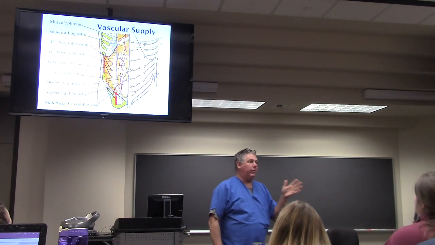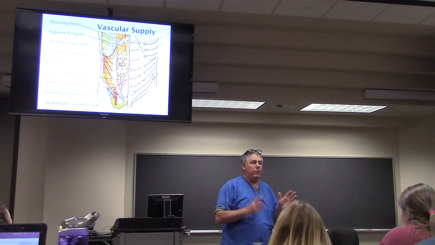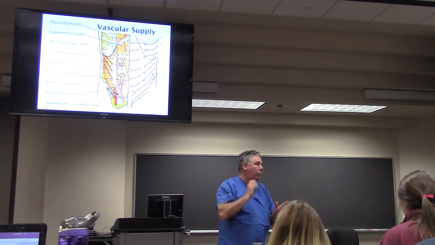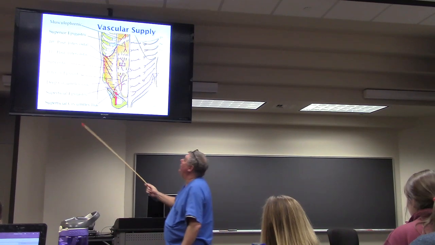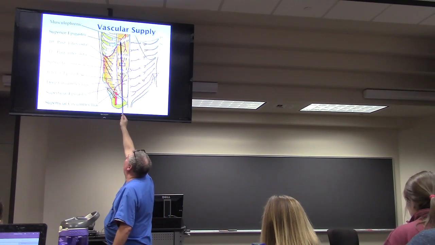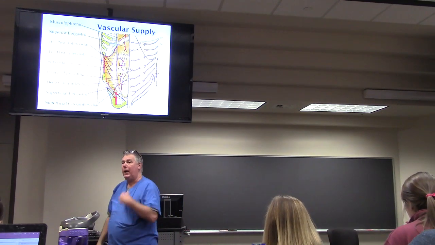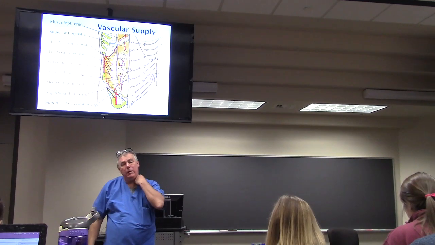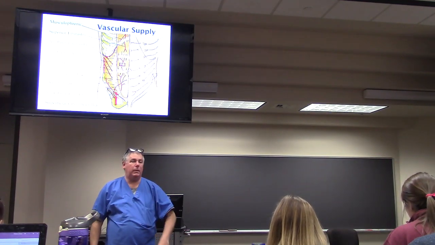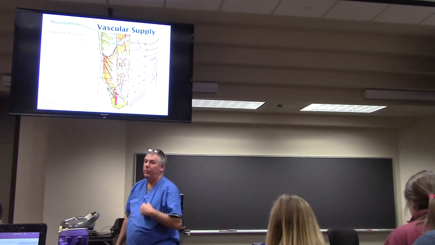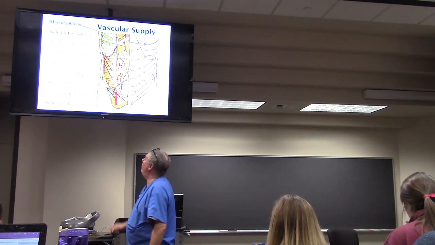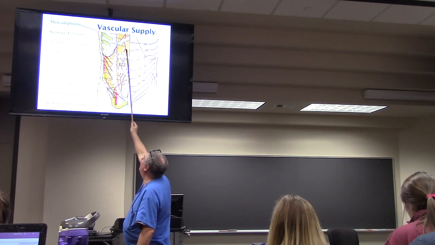Well, how does the internal thoracic end? It divides into a few branches. One branch of the internal thoracic is called the musculophrenic. It provides the blood supply to part of the diaphragm. The other terminal branch of the internal thoracic is the superior epigastric.